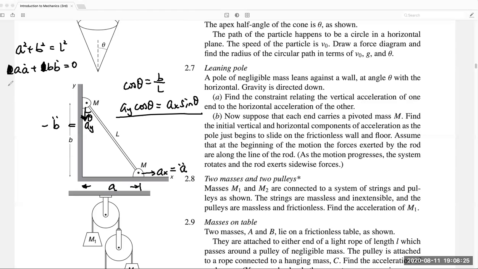So let's try to differentiate once more. When you differentiate once more, then you should use the product rule. So how could you relate the A double dot and B double dot using these two equations?